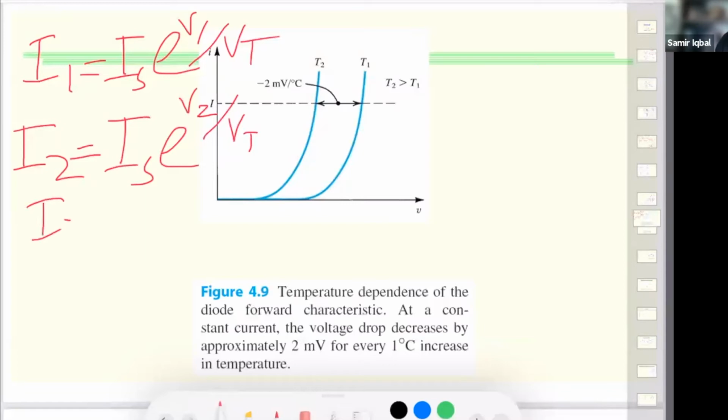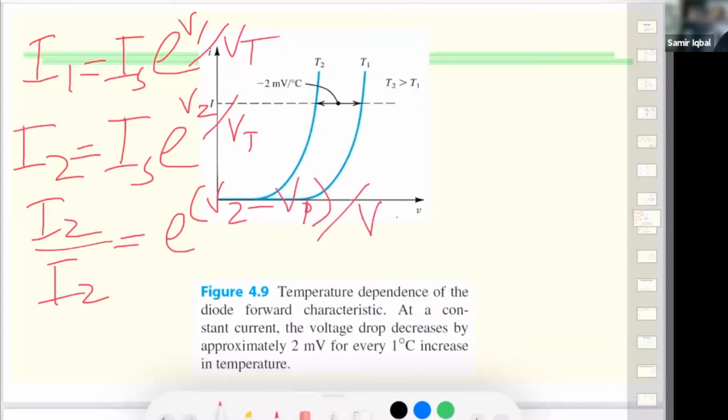We can take the ratio of these two, and the right-hand side is exponential, of course. The IS will get canceled out, but I get e to the power V2 minus V1 over VT.